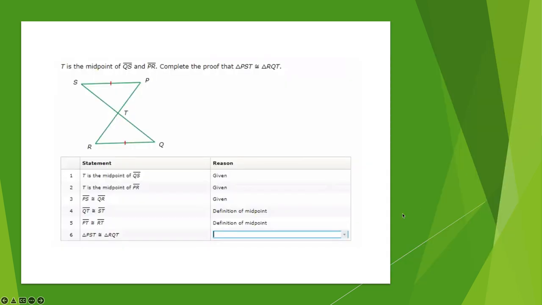Last but not least is this proof being done. What's the reason for the last step? Okay, so you have the given statement that PS is congruent to RQ, and they mark those off for you.